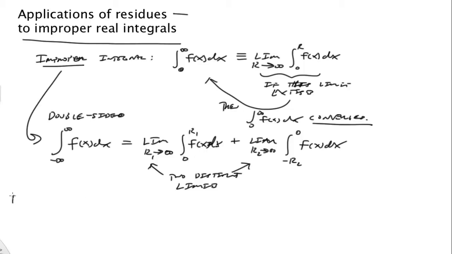This other thing is called a Cauchy principal value.